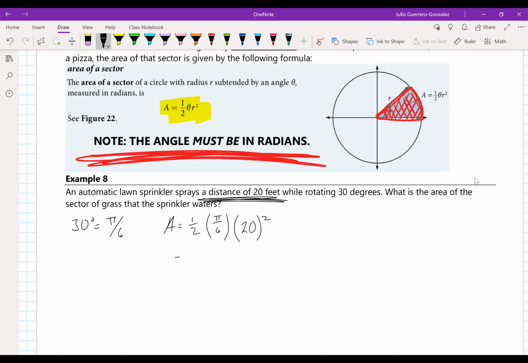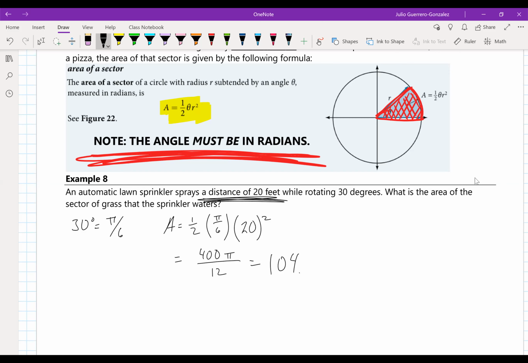So this is going to be 400 pi over 12. And then you would just divide 400 by 12?